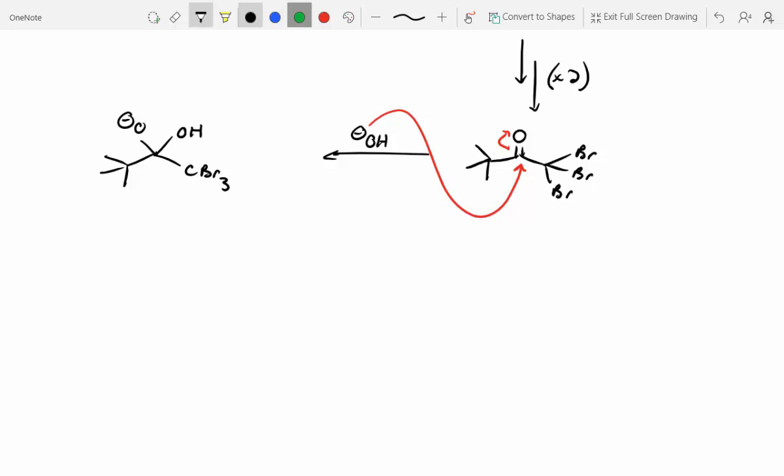The interesting thing is that this is now a decent leaving group. Why is this a decent leaving group? We normally don't kick off carbons. Yeah, let's take a look at it after we kick it off.